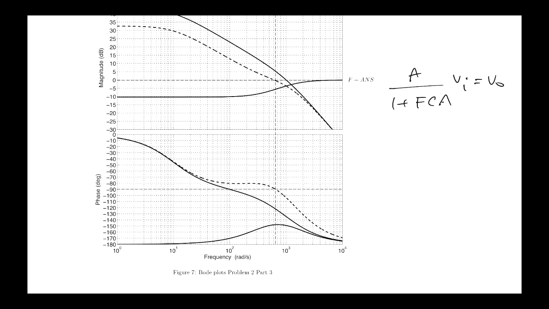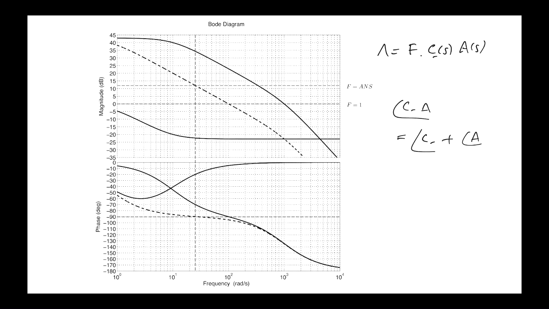That will have a bandwidth, and the bandwidth will be consistent with the crossover frequency. So your ability to get signals through the system without much distortion is better with the lead compensator because it has a wider bandwidth, because of the higher crossover frequency.